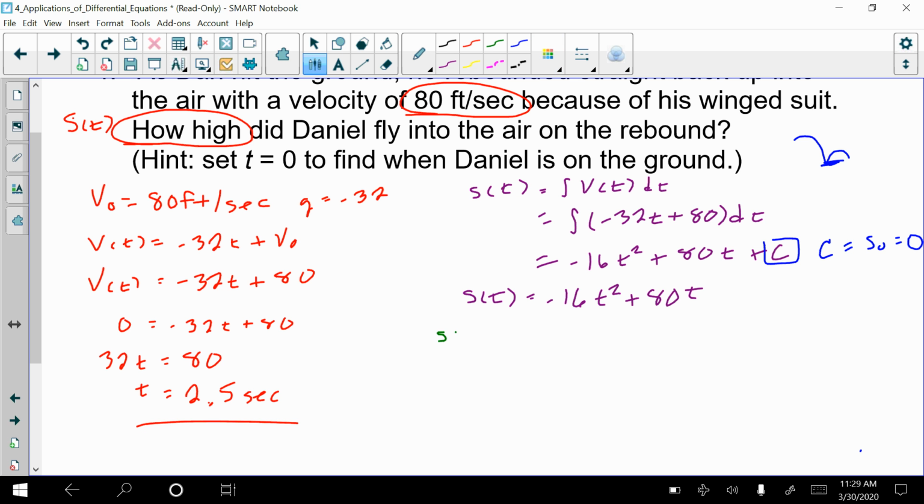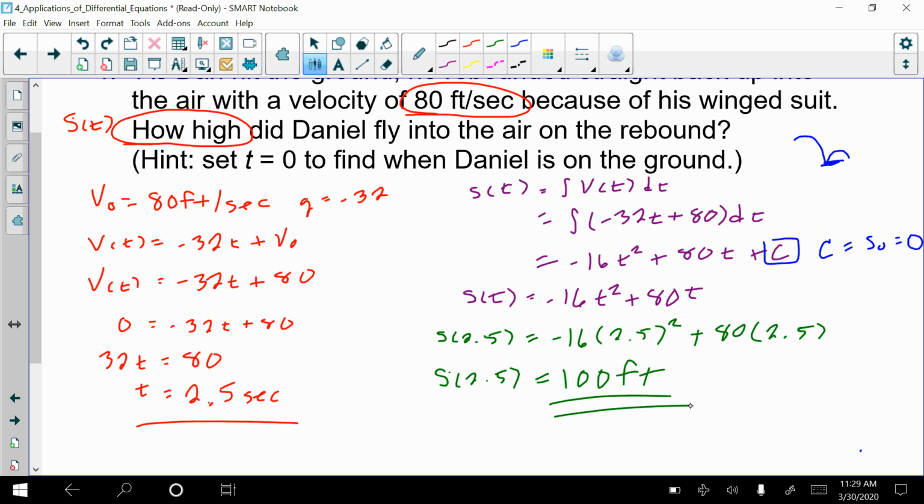So I'm going to get s of 2.5 is equal to negative 16 times 2.5 squared plus 80 times 2.5, and typing that into our calculator, his position at 2.5 seconds would be equal to 100 feet.